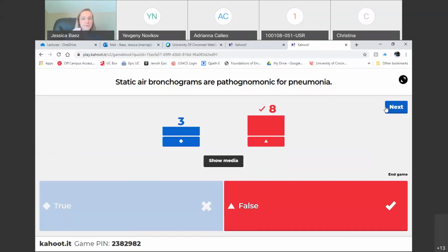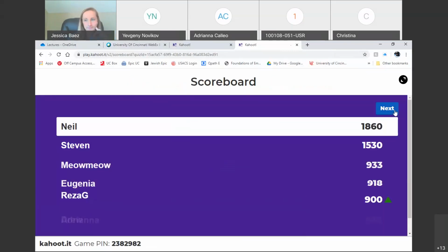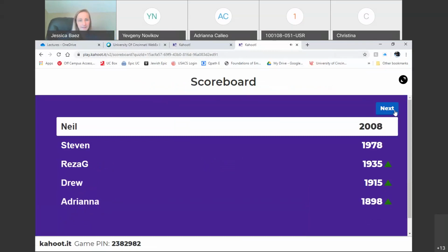Static air bronchograms just mean there's consolidated lung tissue that could just be from collapse or atelectasis of that. So static air bronchograms could be atelectasis versus actually a pneumonia. Awesome. Neil's still in the lead.